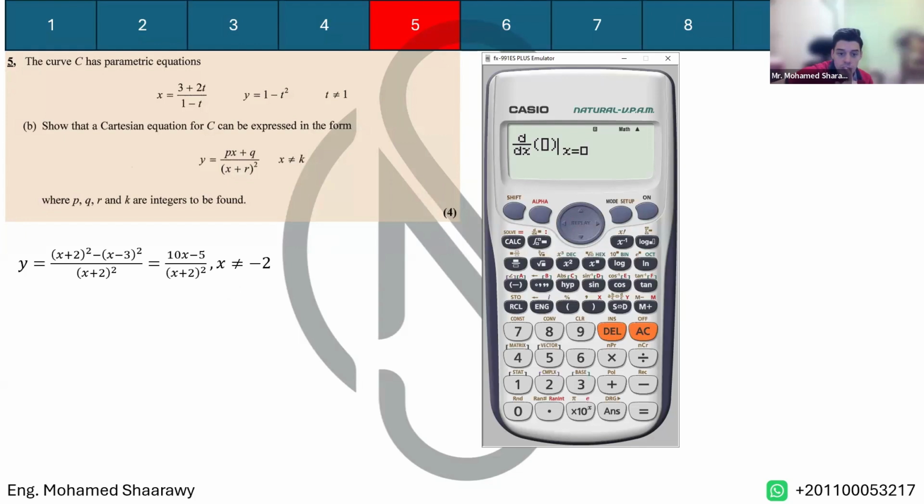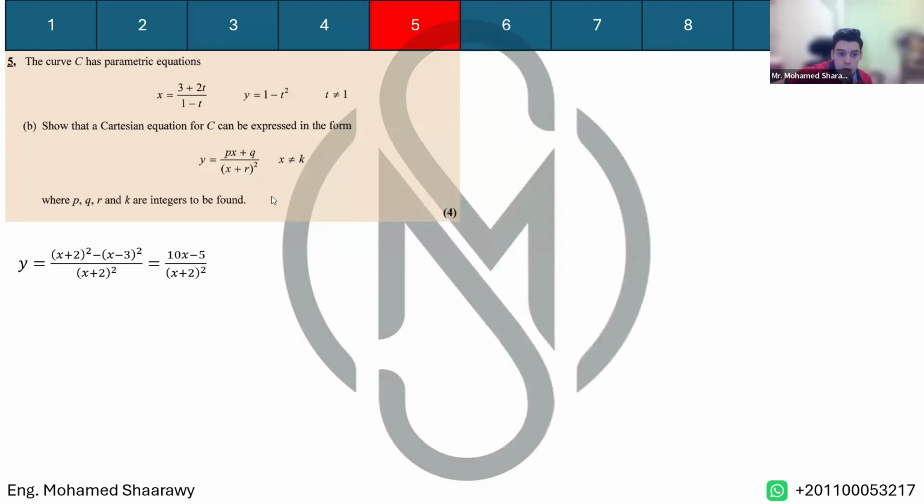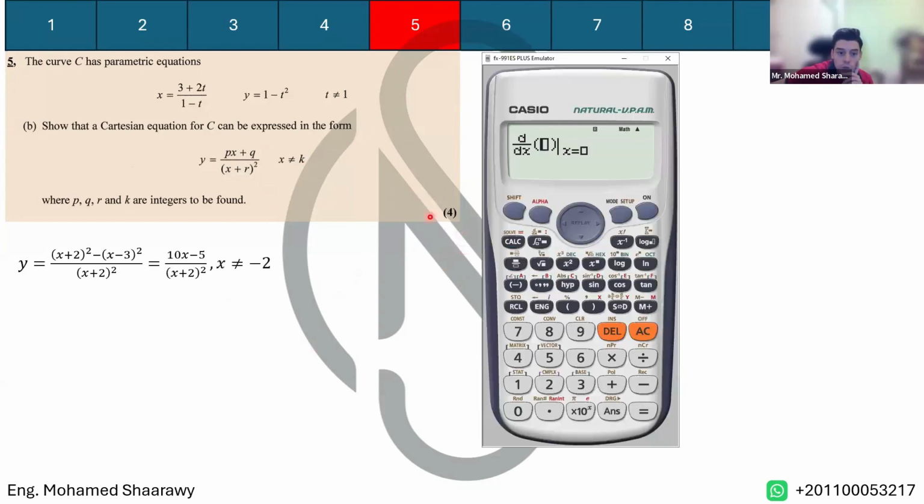How can I check the first solution A? Actually, I can use the calculator to find the differentiation of y at the required location. If you remember, we asked ourselves to substitute t with 2. So let me do this again. 10x minus 5 all over x plus 2 all squared, at x equals something when t equals 2.